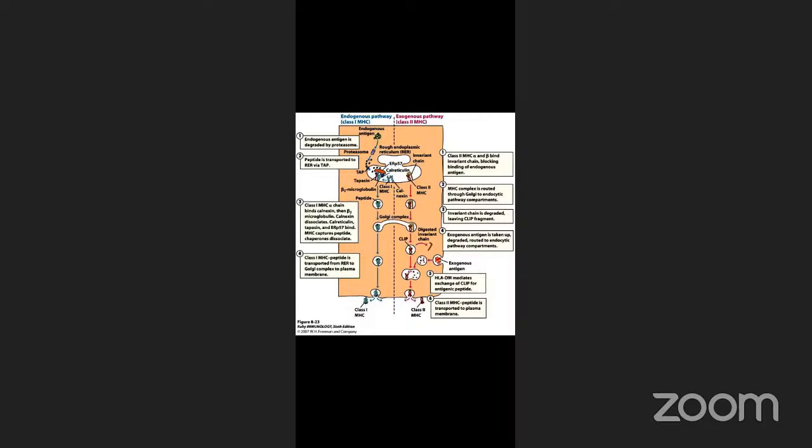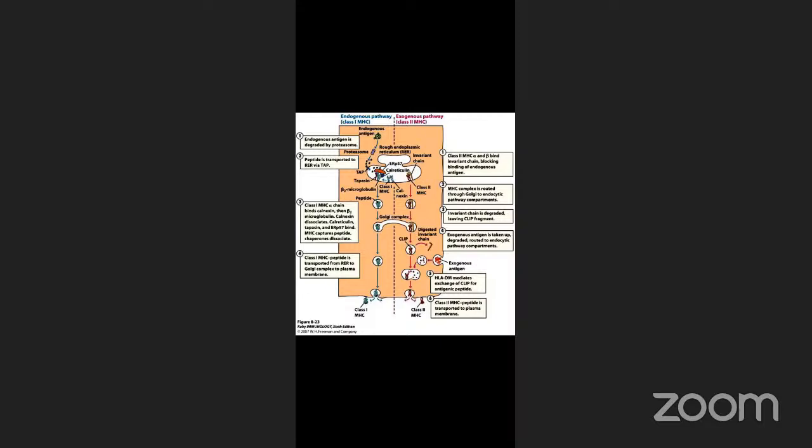After the removal of the CLIP and the complete attachment of the antigen, the MHC molecule, after binding with the antigen, is transported to the surface of the plasma membrane. This is a simple pathway. The invariant chain is degraded, leaving the CLIP fragment, which is the inactivated form.